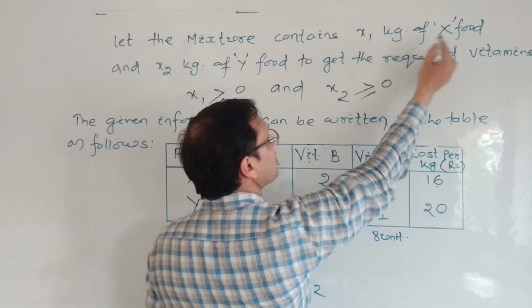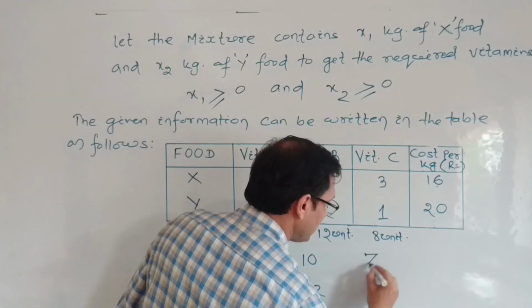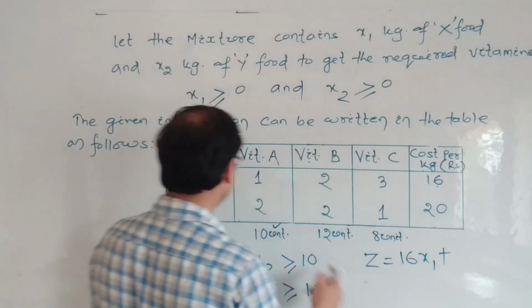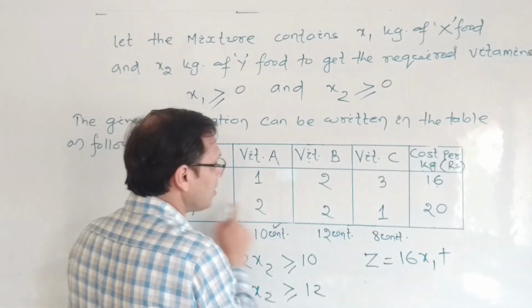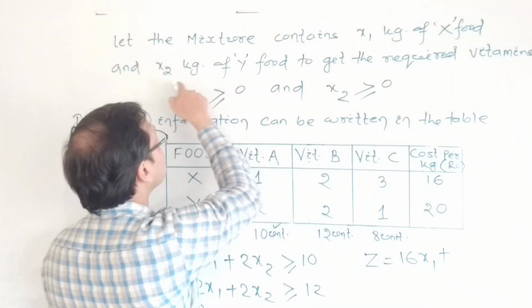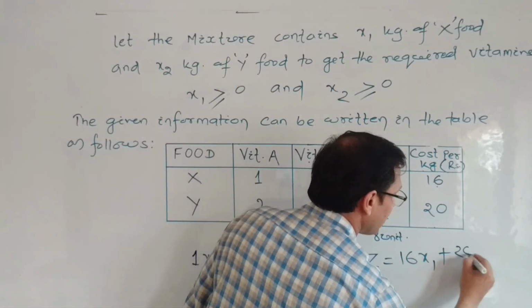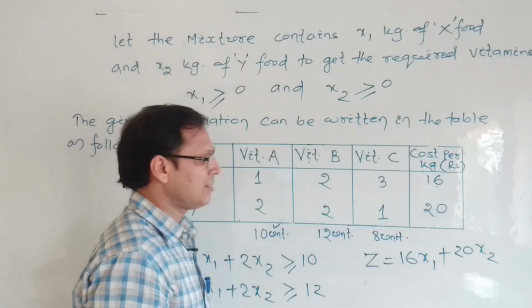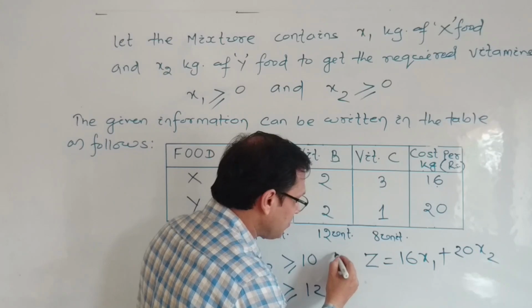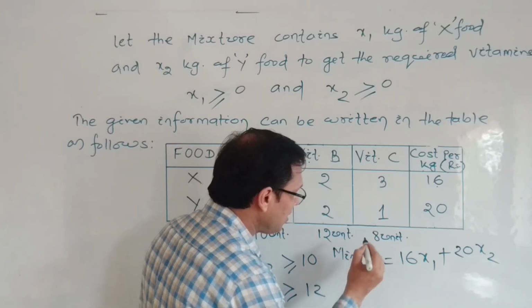So we have x1 kg of X food. So Z is equal to 15 x1 rupees, and 1 kg of Y food costs 20 rupees. So we have x2 kg of Y food, so 20 x2 rupees should be invested. Okay, and this amount should be least. That means Z is minimum.